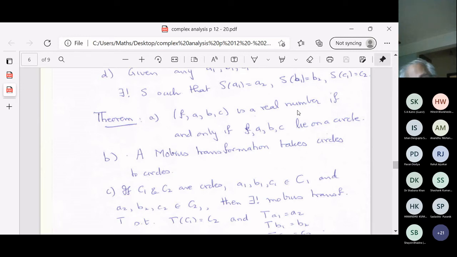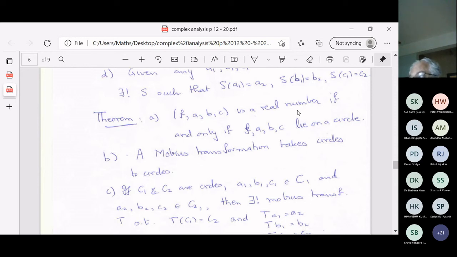Remember what one is saying here. We are saying you have 2 circles, C1 and C2. A1, B1, C1 are in the first circle. A2, B2, C2 are in the second circle. And you have a Mobius transformation which takes A1 to A2, B1 to B2, C1 to C2. But the circle passing through A1, B1, C1 has to be mapped to a circle which passes through A2, B2, and C2.